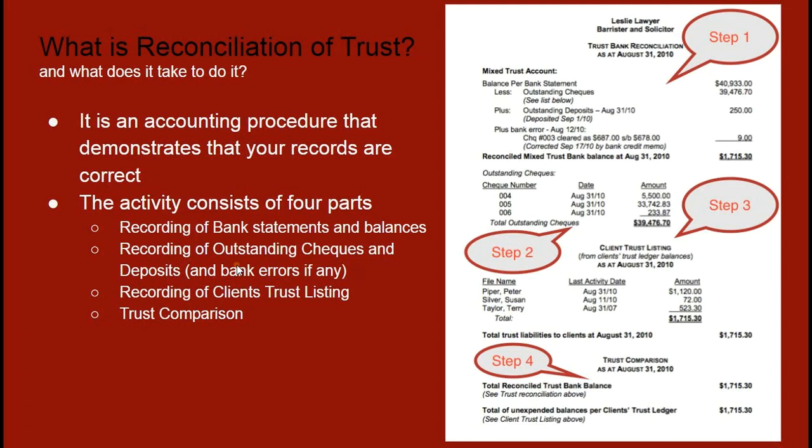Now, if the bank were to take $8 as the bank fee for that particular month, of course, your bookkeeping system is going to say there was $8 more, whereas in reality, your bank shows $8 less.